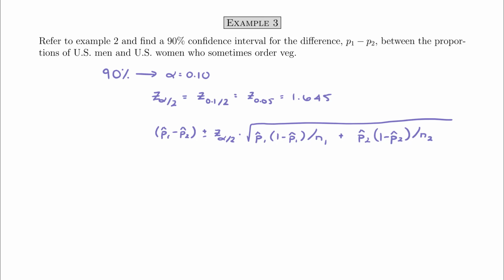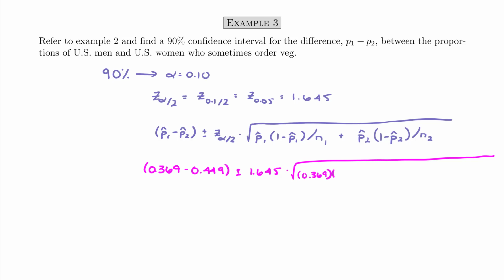We have p hat sub 1 is 0.369 minus 0.449. We just computed our value for z sub alpha over 2 to be 1.645 times the square root, substitute in all of our values again, 0.369 minus 0.369 over 747.